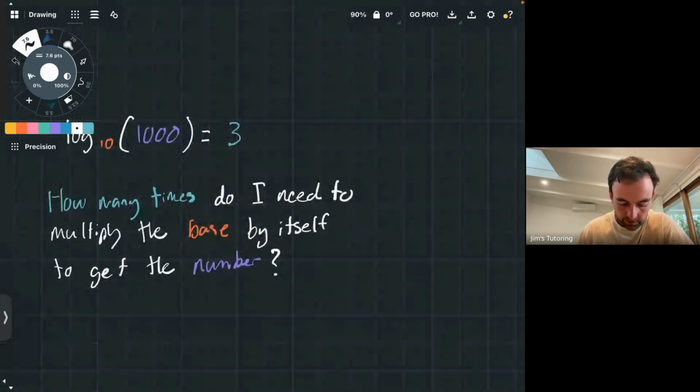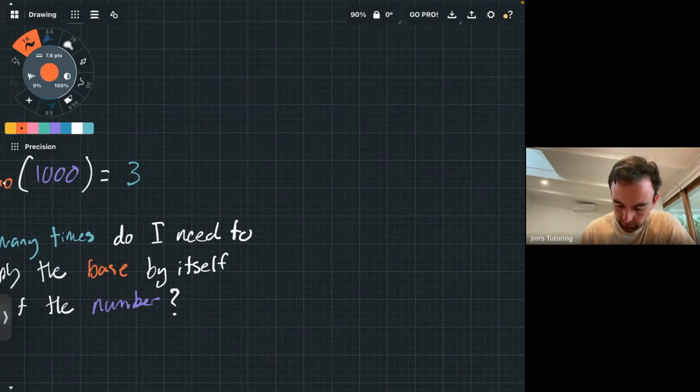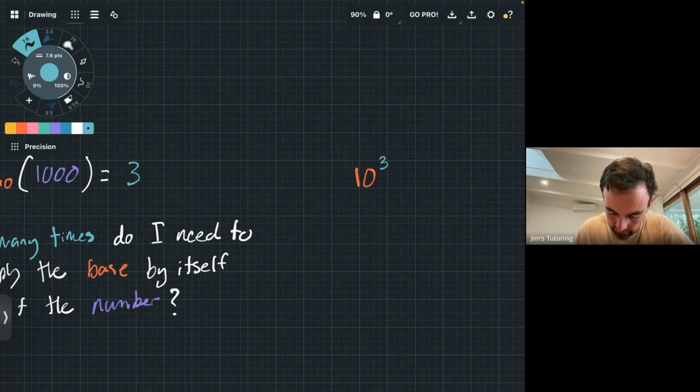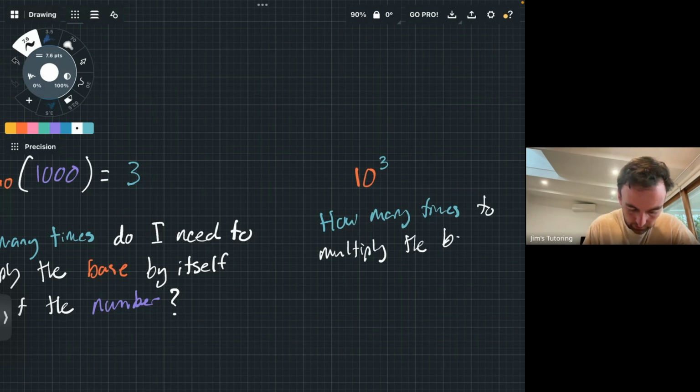Now, something that is related to this is if we had something in the form of an exponent. Instead of being a question, it's more a statement. It tells us how many times to multiply the orange base by itself.